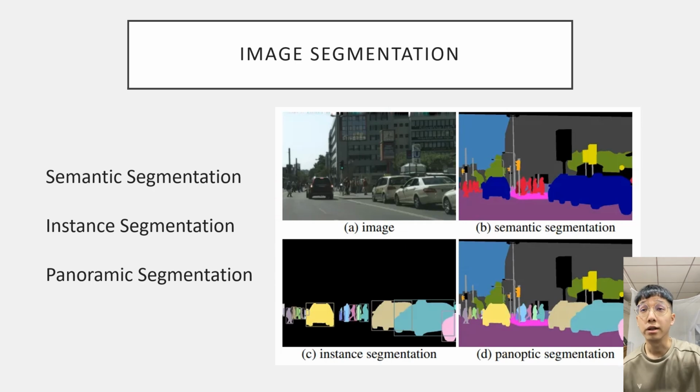The second one is instance segmentation. It takes it further by distinguishing individual instances, ideal for video post-production and precision tasks in robotics.